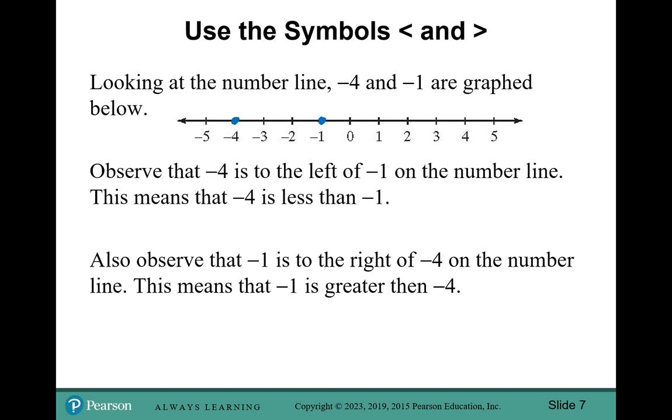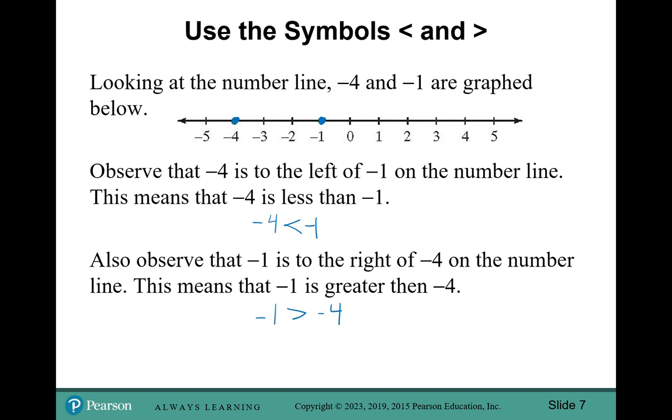That means that -4 is less than -1. Also observe that -1 is to the right of -4 on the number line. This means that -1 is greater than -4. So -4 is less than -1, and -1 is greater than -4.